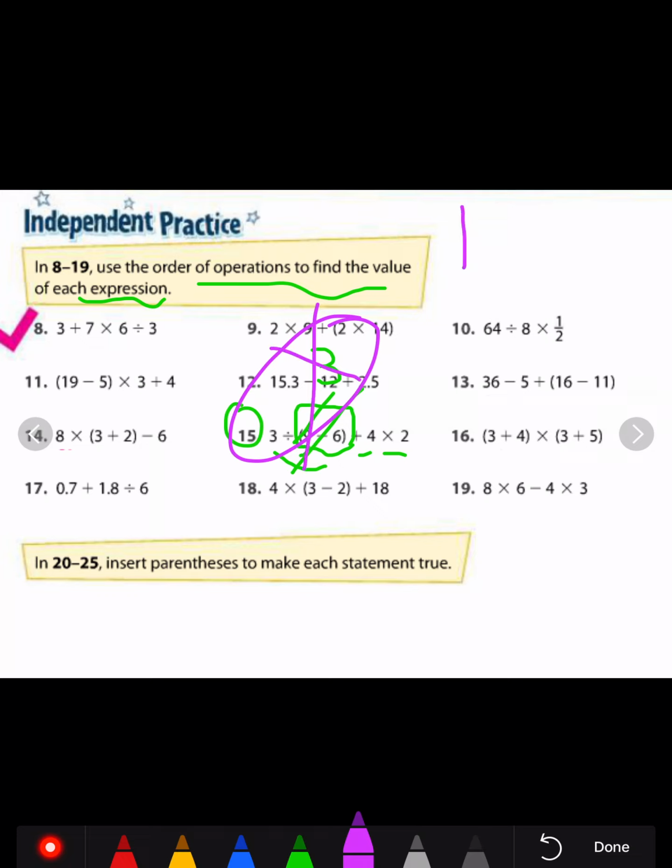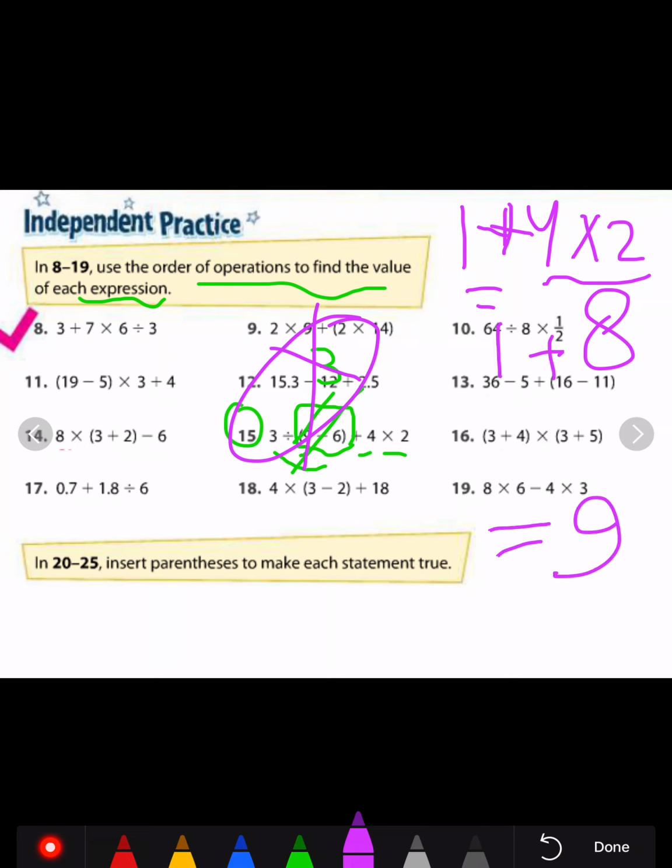So we have 1 plus 4 multiplied by 2. Now we have addition and multiplication, but multiplication comes before addition, so we multiply 4 by 2 equals 8. So 1 plus 8 equals 9.